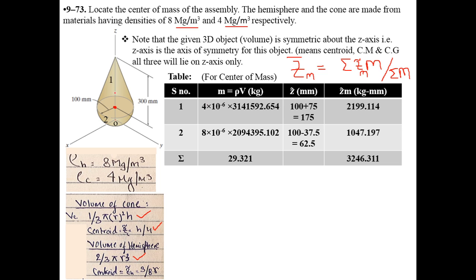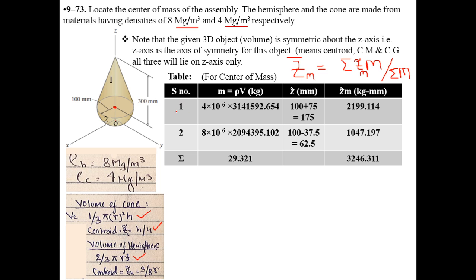That is, the centroid for the cone will be equal to the center of mass for the cone. Similarly, the z coordinate of the centroid of the hemisphere will be equal to the center of mass of the hemisphere, because the density remains uniform within each sub volume.